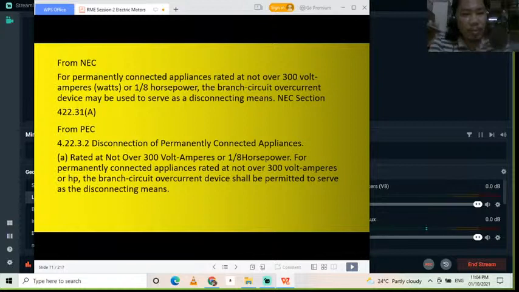Okay. Tapos, ang nakasulat pa, parehas din. Mapapansin nyo, for permanently connected appliances rated at not over 300 volt-amperes or 1/8 horsepower, the branch circuit overcurrent device shall be permitted to serve as the disconnecting means. Okay. So, parehas din halos ang nakasulat. So, nakalagay 1/8 horsepower. Diba?